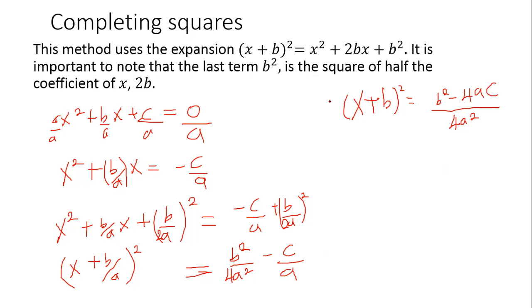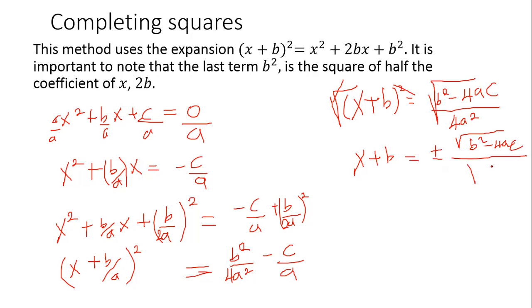Then from here we can take a square root on both sides to remove the square here. So this will cancel with that, so we remain with x plus b over 2a, giving us, so here we shall take the square root to be having two answers, which are positive and negative. So we shall have root of b squared minus 4ac over root of 4a squared.